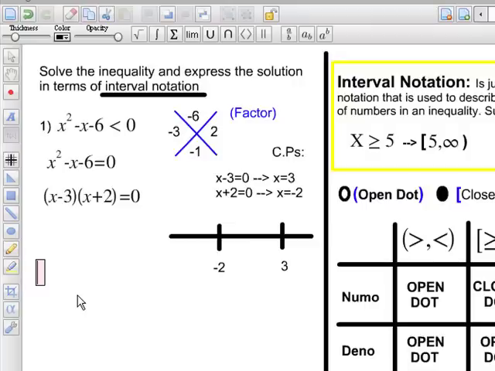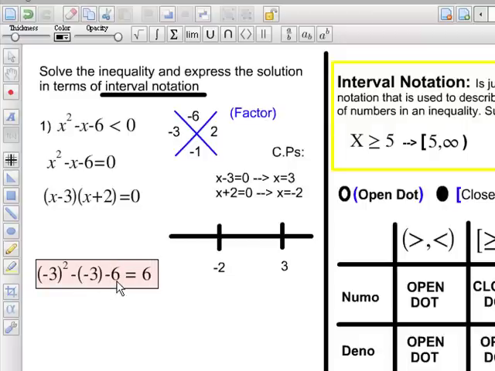So let's pick negative 3, which is between negative infinity and negative 2. Negative 3 squared minus negative 3 minus 6 equals 6.